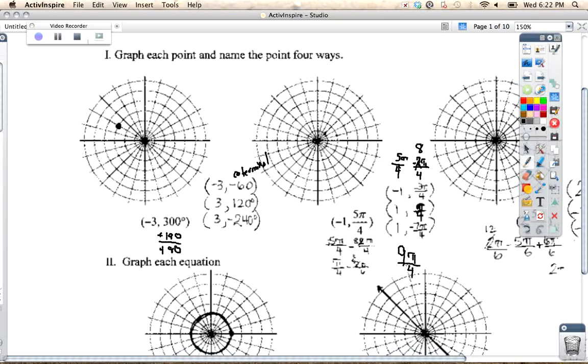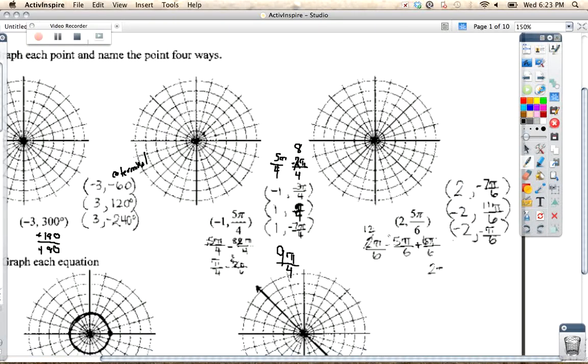Because remember, 2 pi in this case would be 8 pi over 4. So if I subtract out 2 pi, it's going to leave me with pi over 4. Now I find the coterminal angle to pi over 4 by subtracting 2 pi. So pi over 4 minus 8 pi over 4 would give me -7 pi over 4.